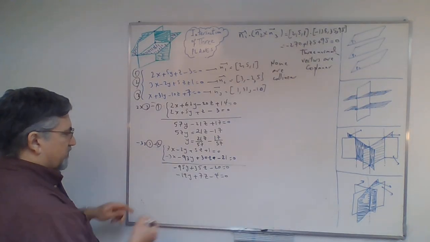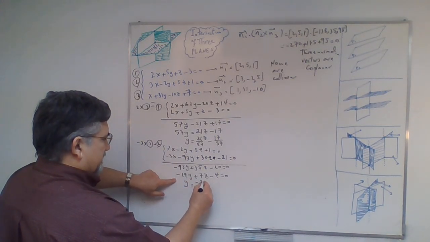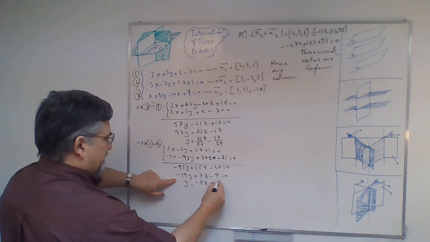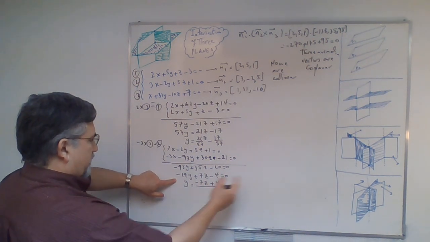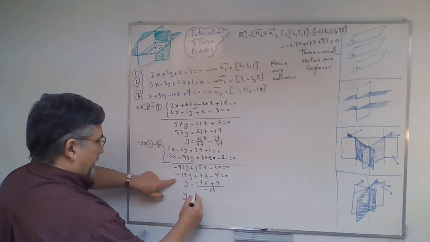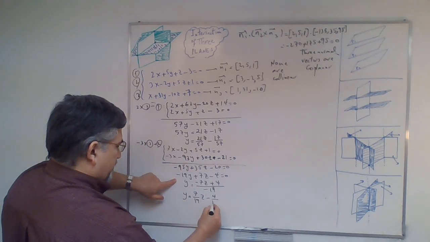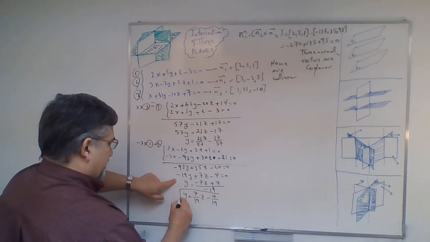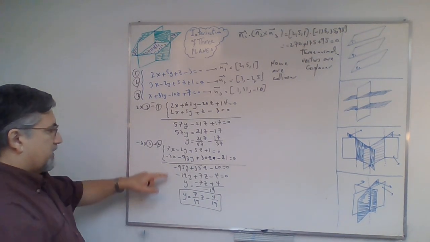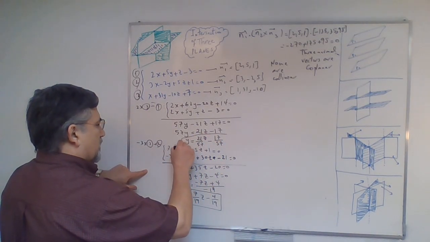Okay? So from here, y would be -7z plus 4 all over -19. So that is 7 over 19 z and minus 4 over 19. So I found y here, and I had found y before.